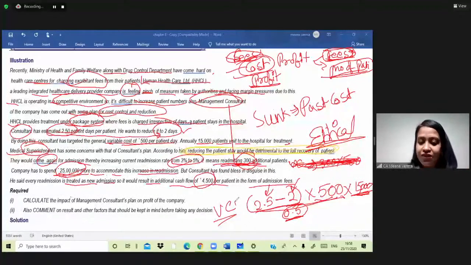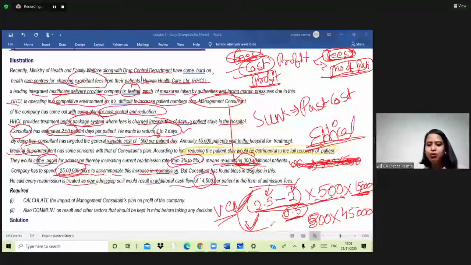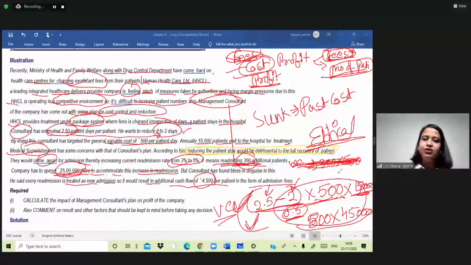So they are saving money at one place and increasing their revenue from all those 300 additional patients, at 4,500 each. These are the savings you have from the proposal, and the cost which you will incur is 25 lakh, in order to earn this revenue.